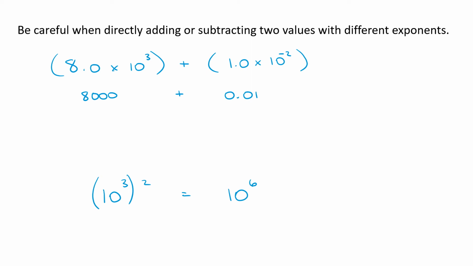Say we just want to add exponents. It's very easy to go too quickly.